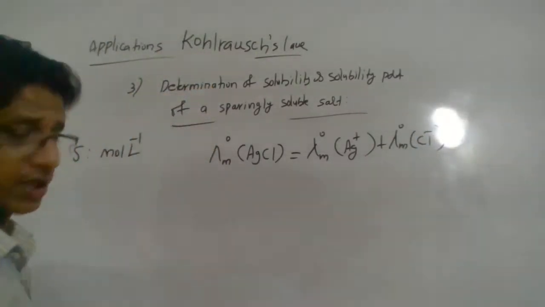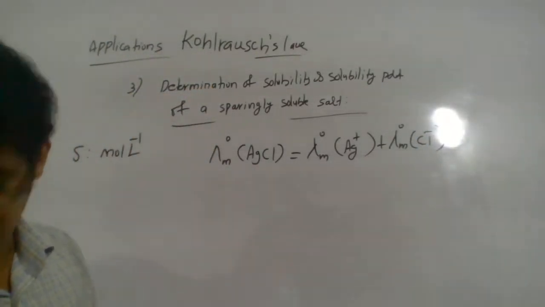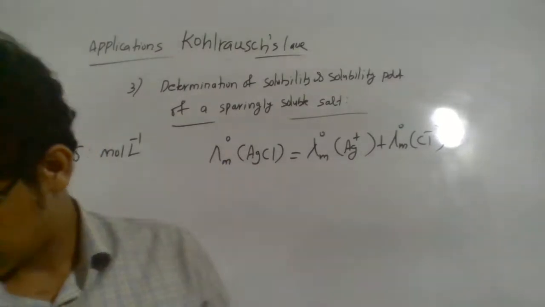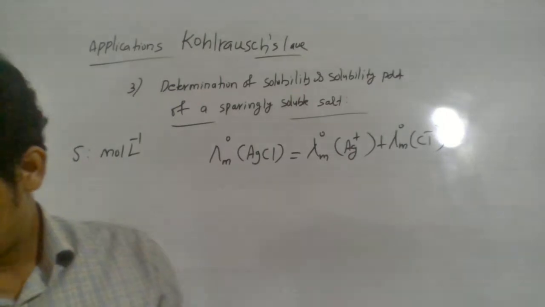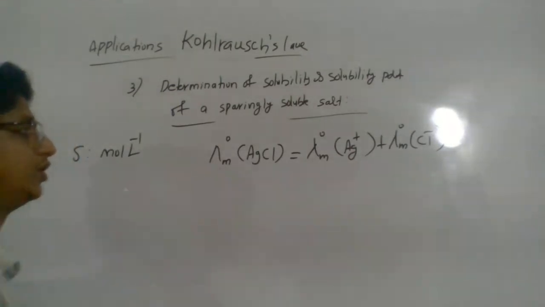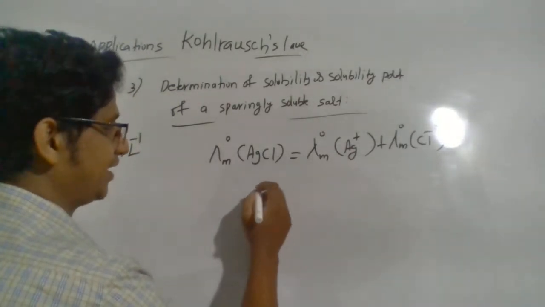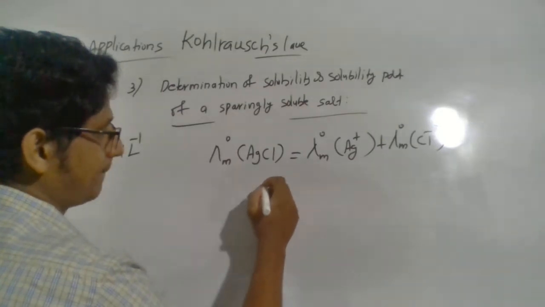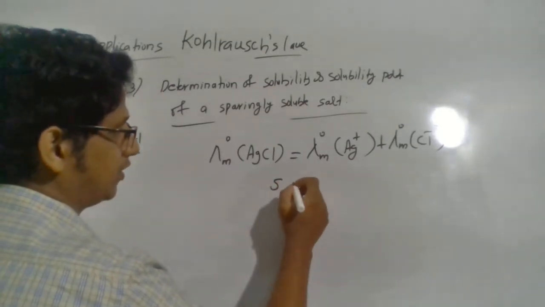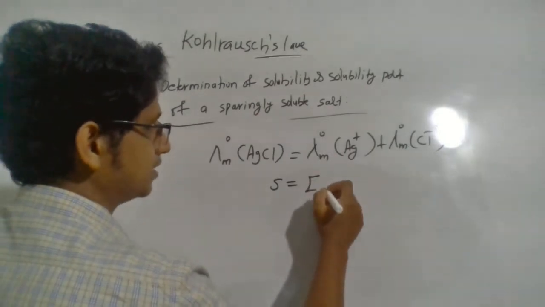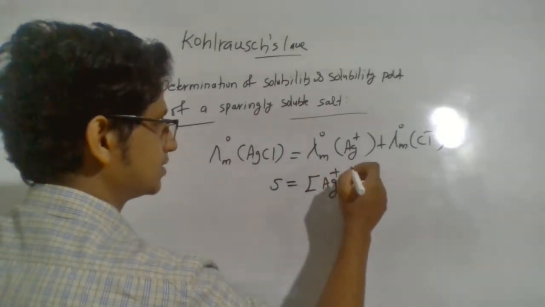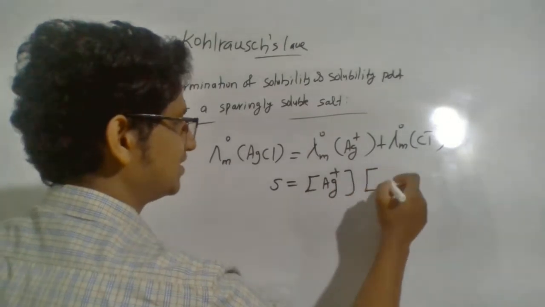So that is the molar conductivity at infinite dilution of silver chloride. Now if you want the value of solubility, let me express the solubility of Ag plus, which you can express as Ag plus into Cl minus.